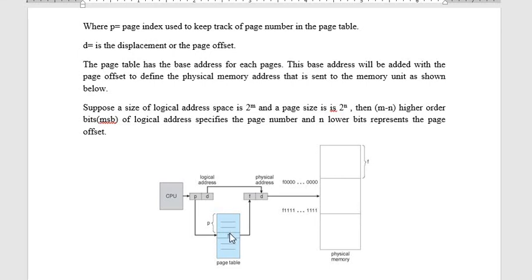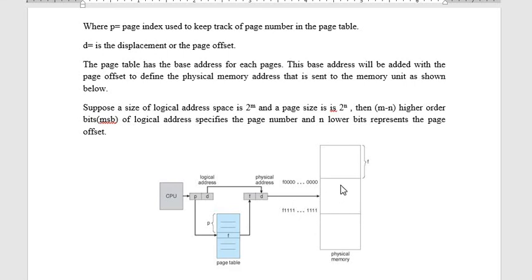Once you get the frame number, you take that frame ID and add this offset to the base address of the frame. So you are pointing to that particular location even within the frame, same as within the page, so which line.